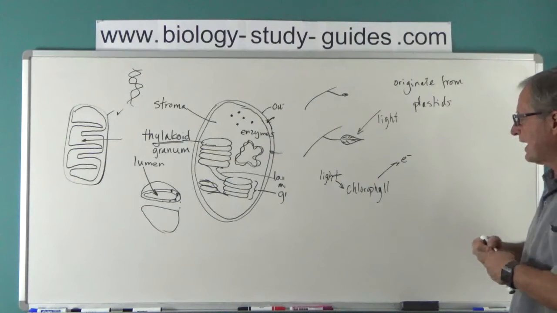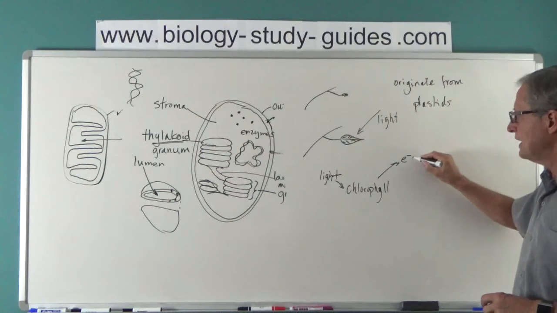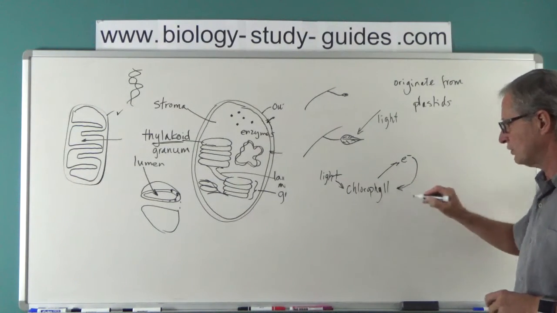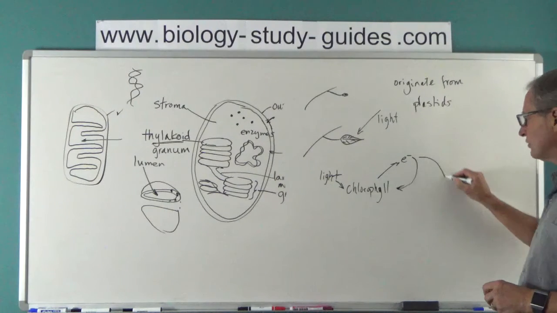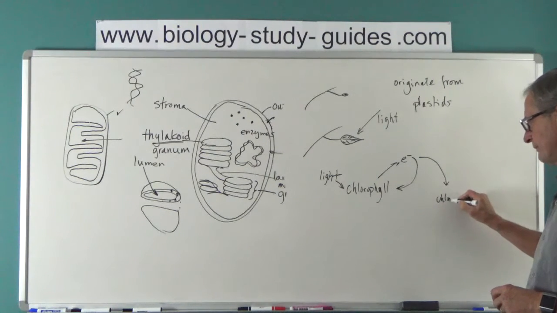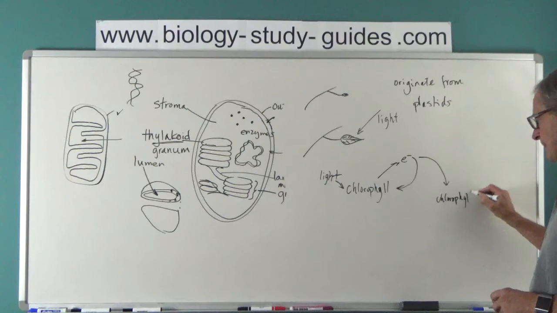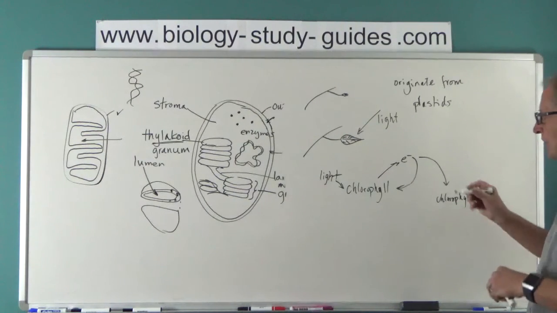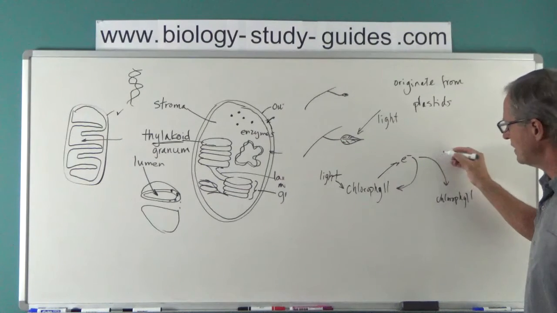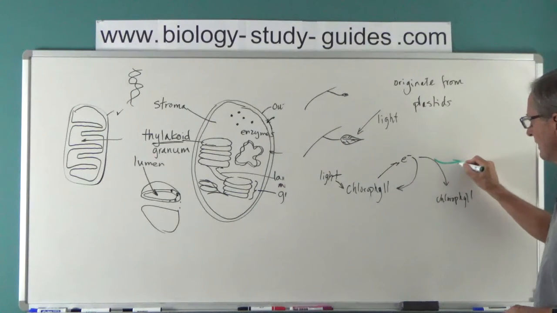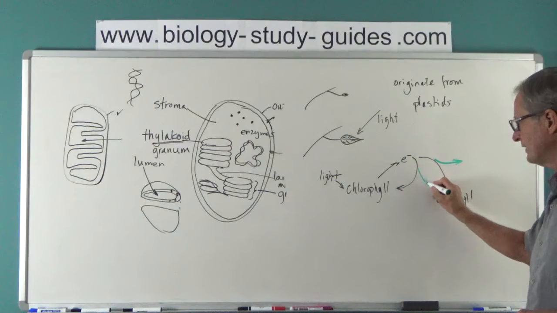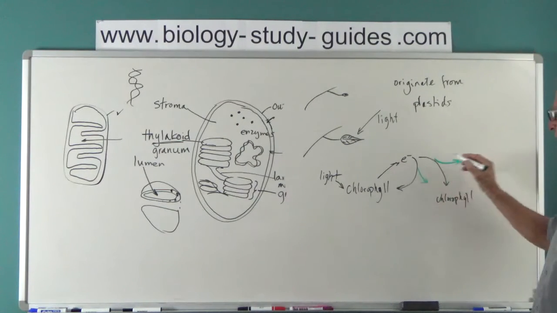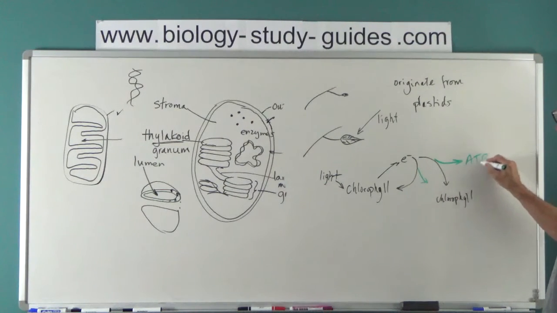And then the electron has to be returned back to either the same chlorophyll molecule or a different chlorophyll molecule. In doing so, it generates this energy here. It generates enough chemical energy to make ATP.